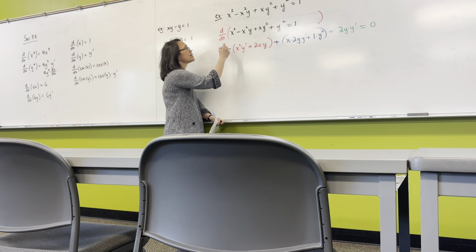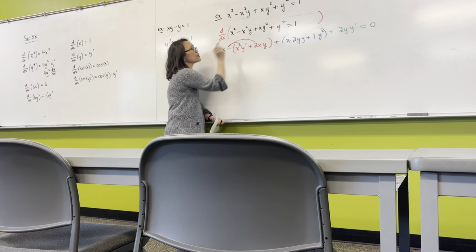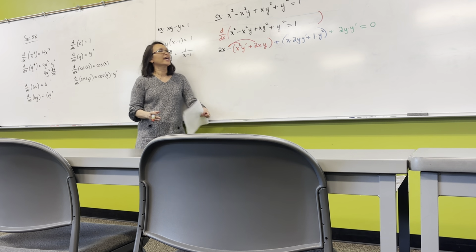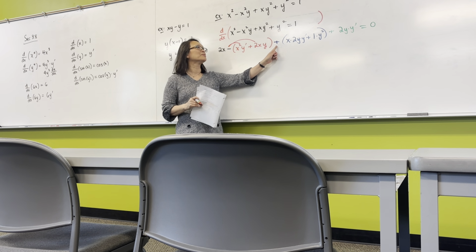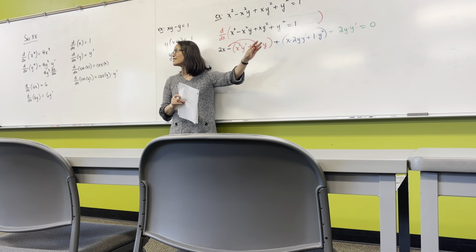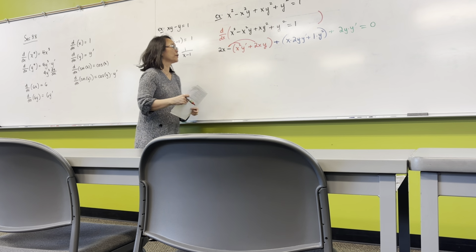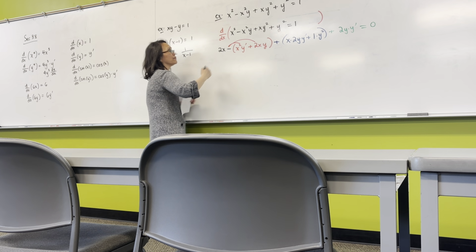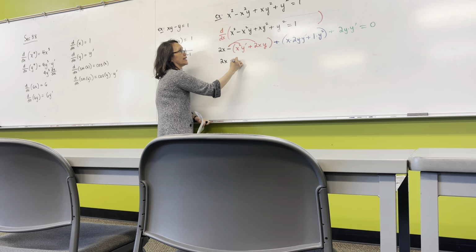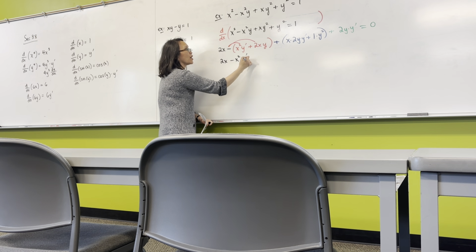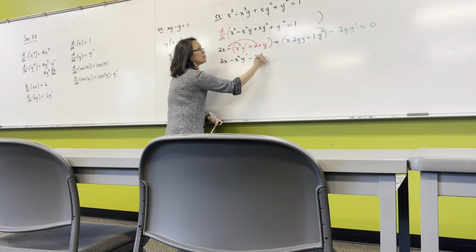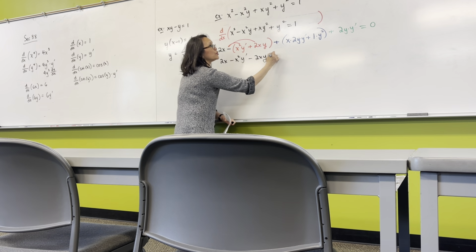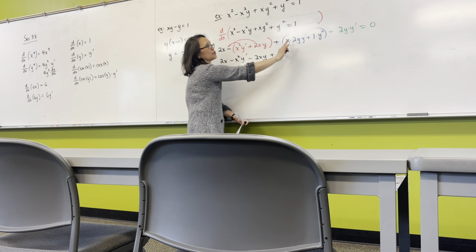And when I look at this, I see this minus sign which can be distributed into that parentheses. And this second parentheses, that's just a plus sign, so I can just drop that second parentheses. Okay, so distributing this minus sign here, I'm gonna get 2x minus x squared y prime minus 2xy plus this blue one. Let me just rearrange the terms.